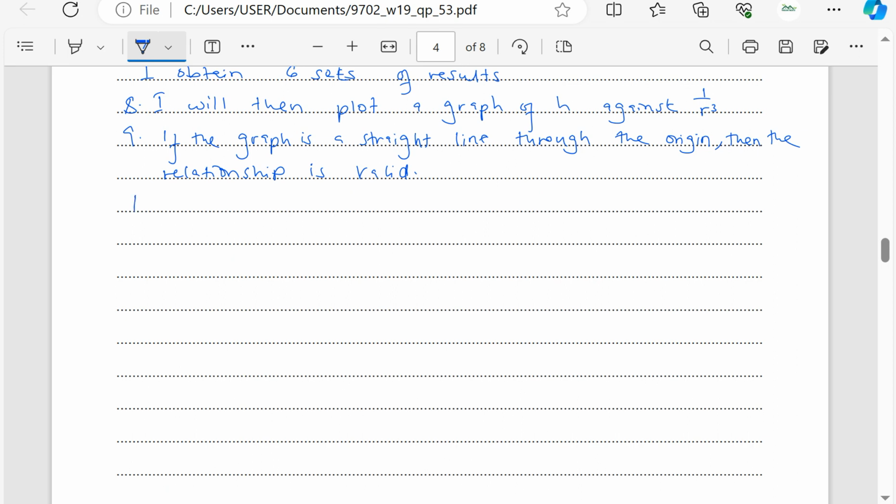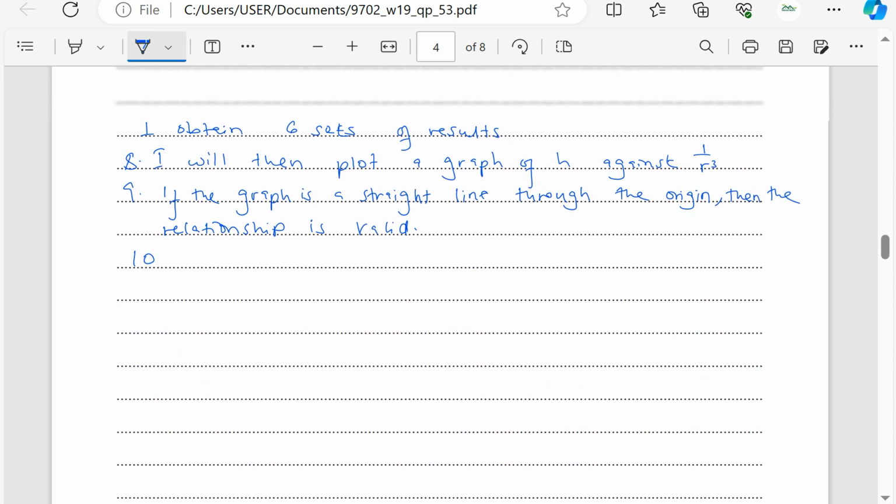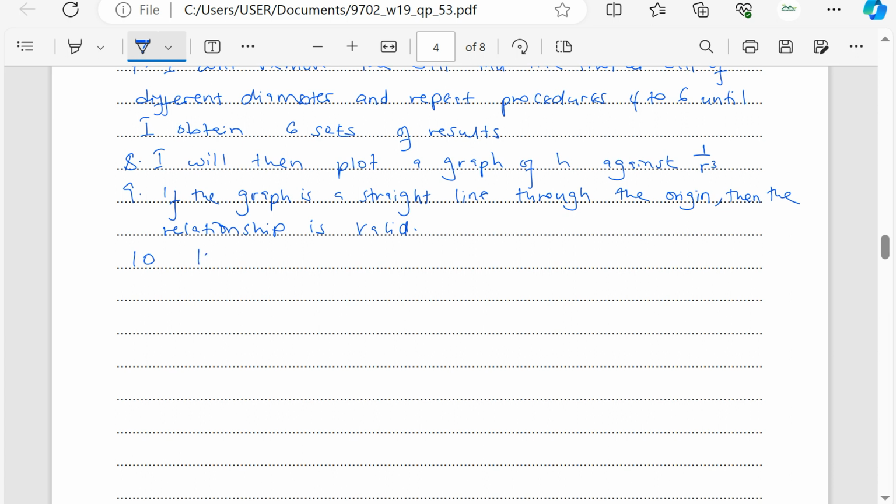So number 10, I'll simply call it question number 10. k is going to be equal to 4 pi g times the gradient divided by 3p.